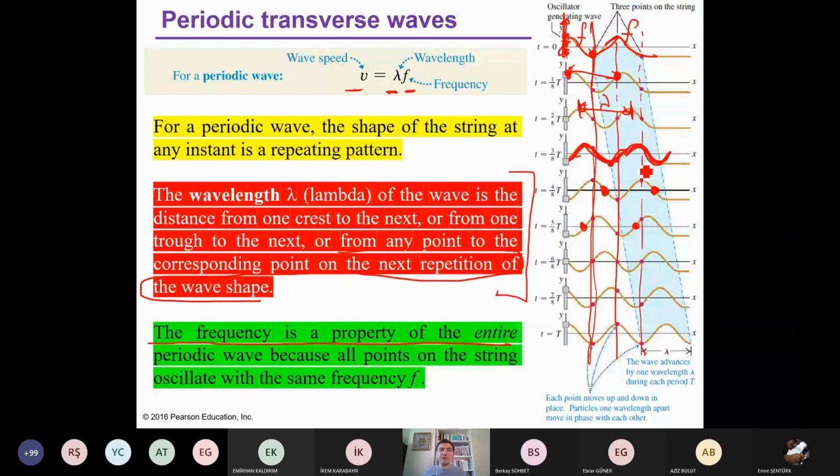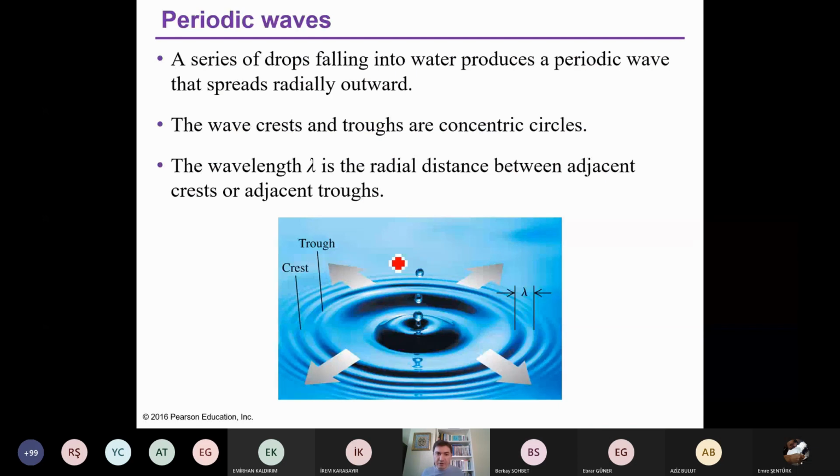So now let me discuss a series of drops. Here we have drops, okay? Another drop here, another drop here. A series of drops falling into water produces a periodic wave that spreads radially outward. So you produce a wave here and you also produce many waves.